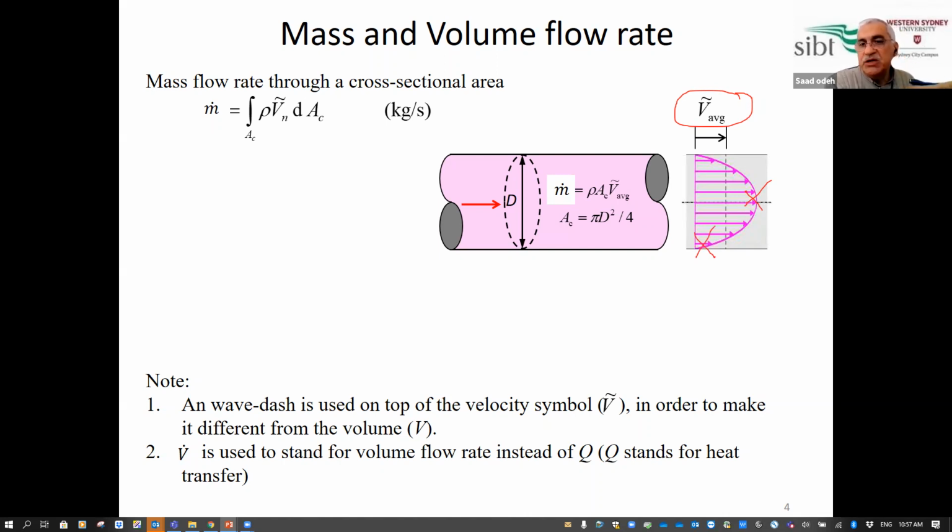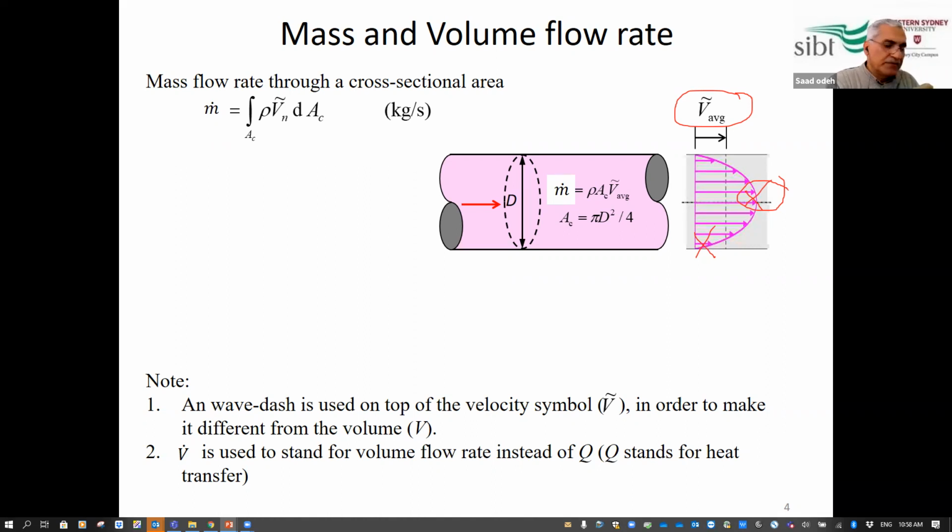And we said at that time because there is a viscosity or friction force between the fluid and the walls. This friction reduces the velocity of the fluid and brings it close to zero, while the maximum velocity we can expect is somewhere in the middle of the tube. And therefore we said, in order to find the mass flow rate, we need to get the average velocity between these two velocities.